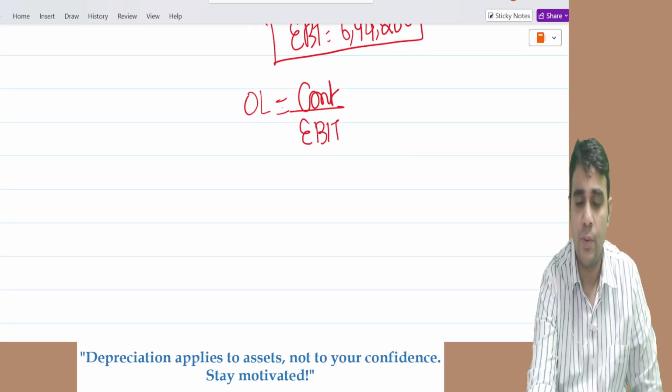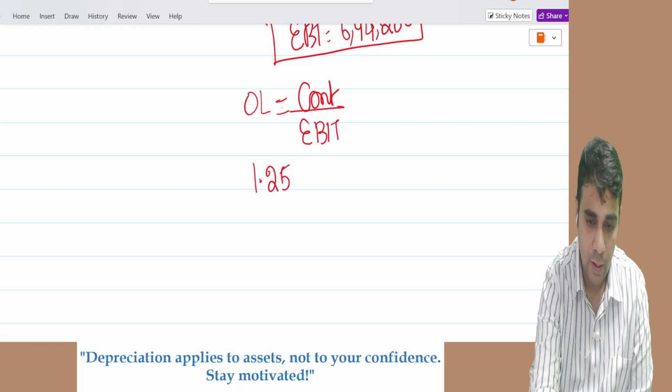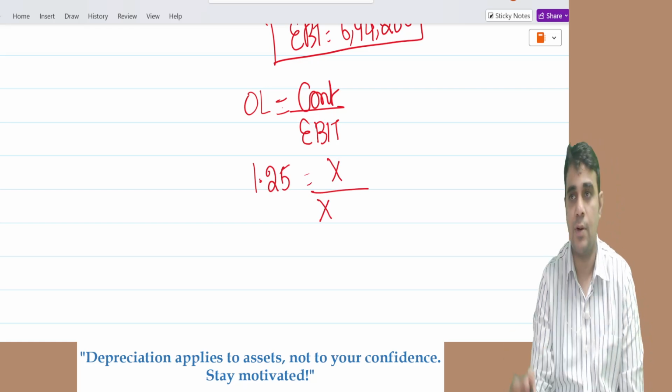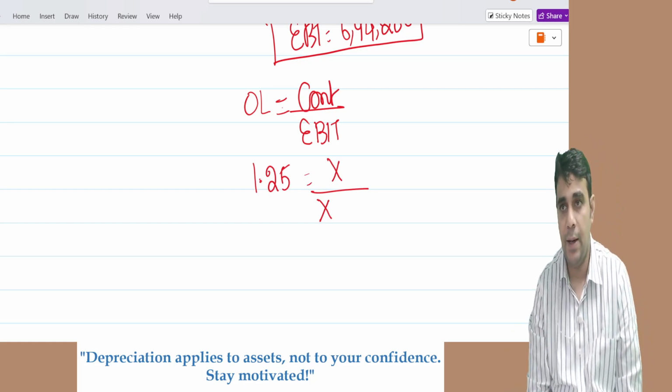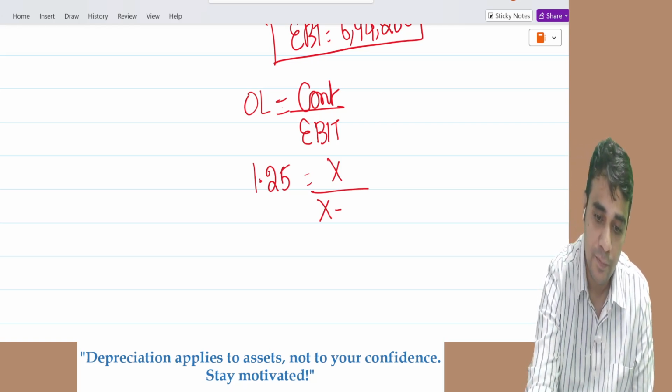What is the OL given in the question? 1.25. Contribution is X. EBIT is X minus fixed cost. What is the fixed cost number? You will get the contribution. The problem will get over with that.